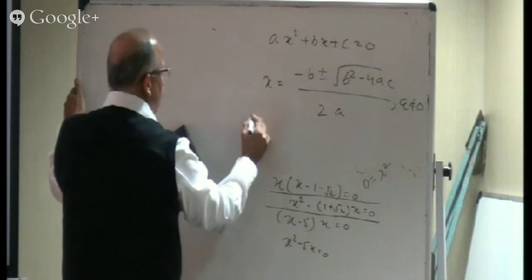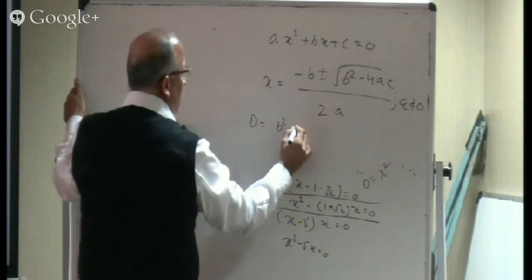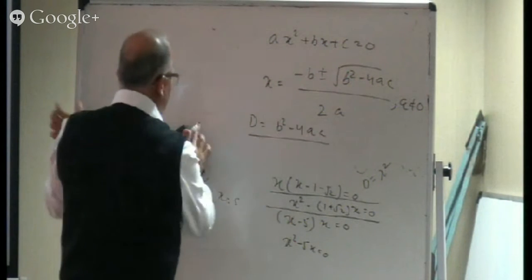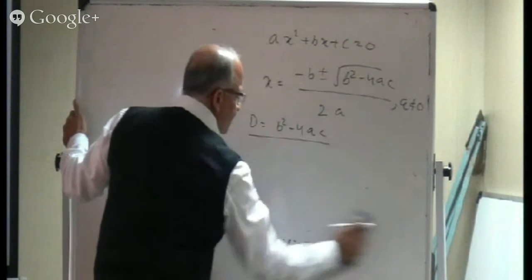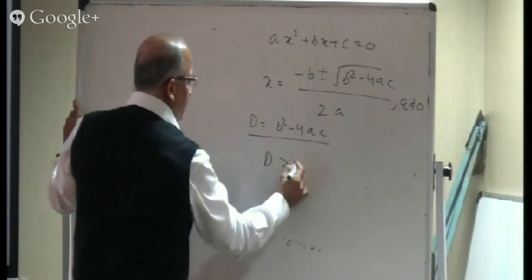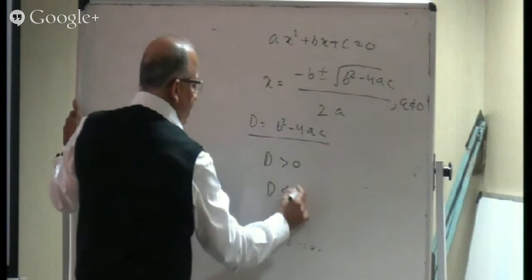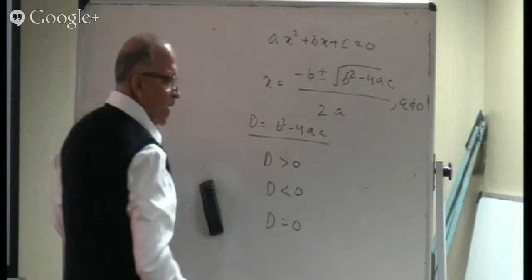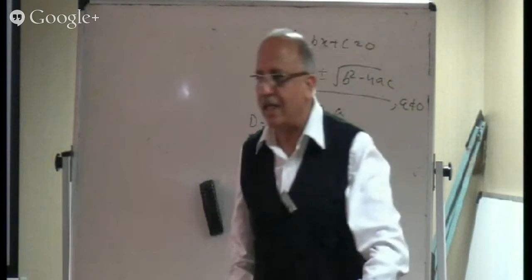Moreover, this b square minus 4ac is called the discriminant of the quadratic equation, and you know that if this discriminant is positive, the roots are real and distinct. If it's negative, the roots are imaginary, I mean with a complex part, and similarly when d is 0, the roots are real and equal. This fact is clearly known to you.